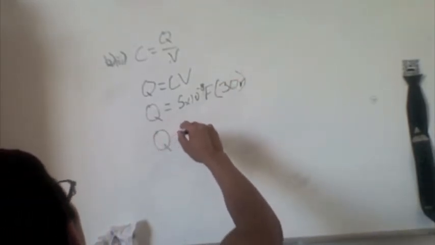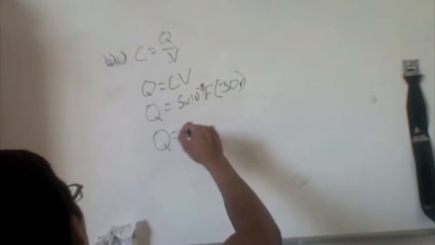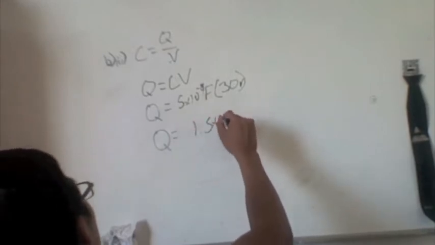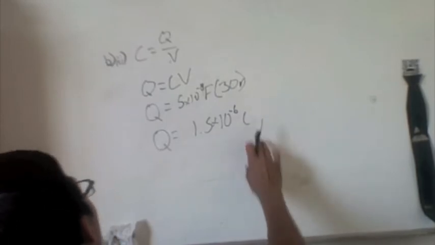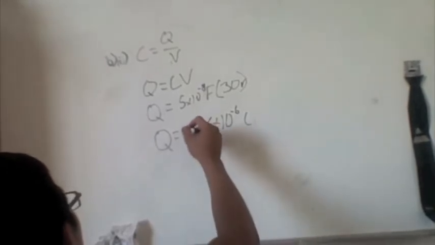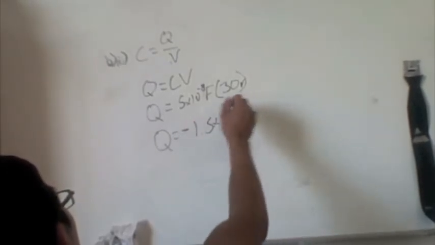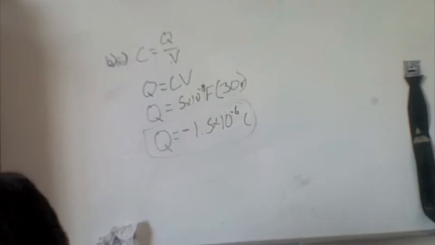So your charge is going to end up being 1.5 times 10 to the -6 coulombs. And because the flow is going clockwise, it's going to be negative. And that's B triple I.